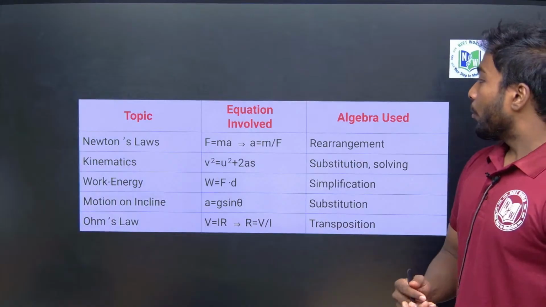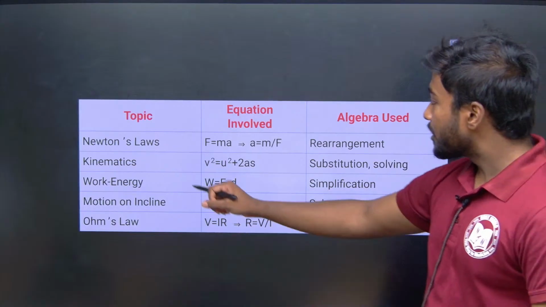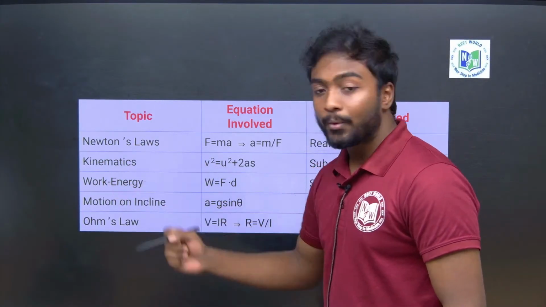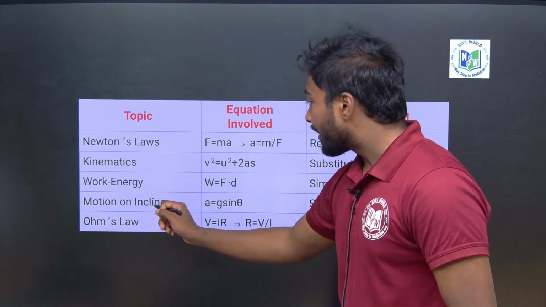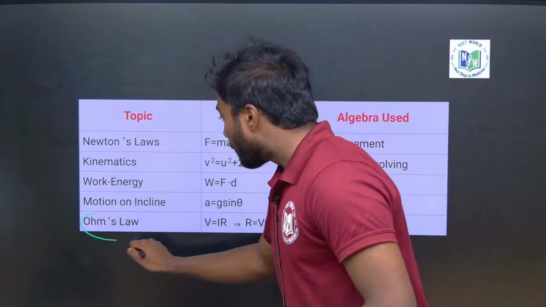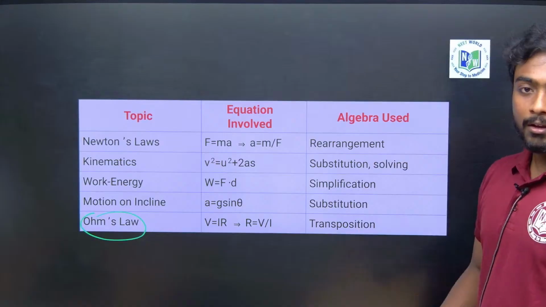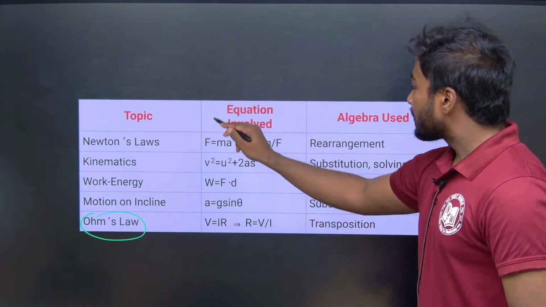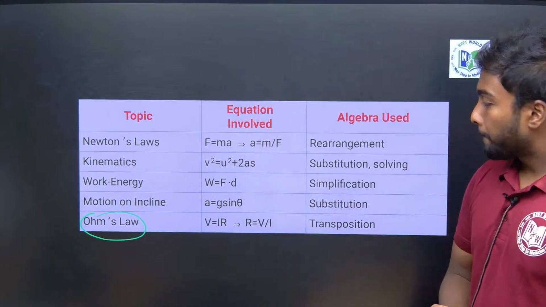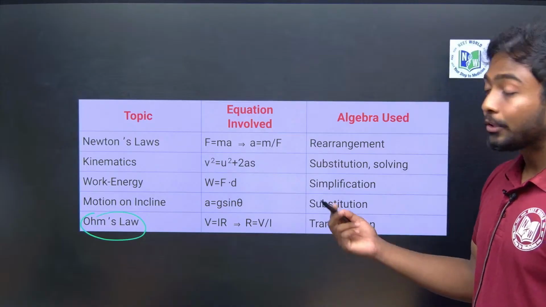Now we will see what topics involve algebra. First, Newton's law, kinematics, work power energy, motion on an inclined plane or straight line also we will see. Next is Ohm's law. So these are the topics involved in algebraic usage. For example, F = ma, then v square = u square plus 2as.